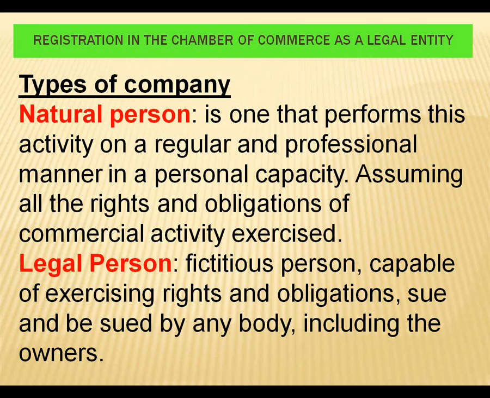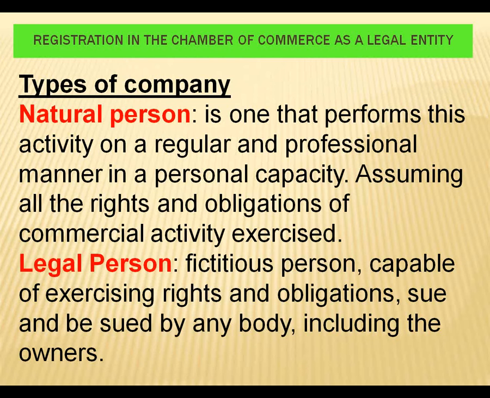There are a lot of legal entities, but we will see the most important, which divide the registration in two main kinds. The first type of company is a natural person, mostly professional people like doctors and lawyers and architects, etc., that base their business on some personal skill or ability.